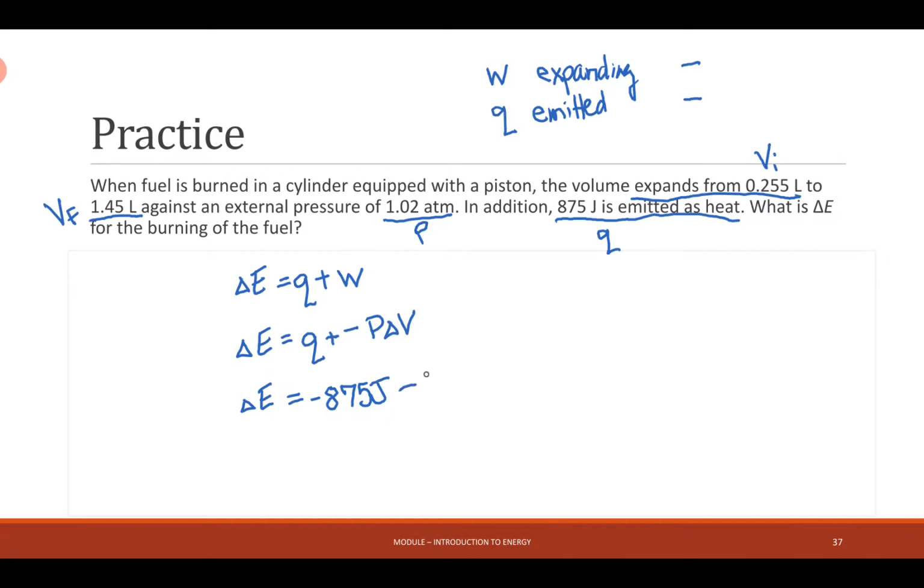So I'm going to write minus, and then we have 1.02 atmospheres. And then we have our final volume, 1.45 liters minus 0.255 liters. And then we have to calculate that.